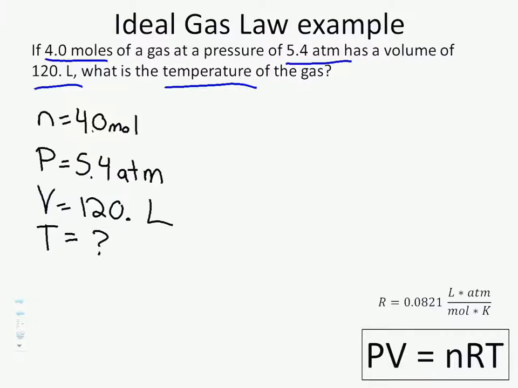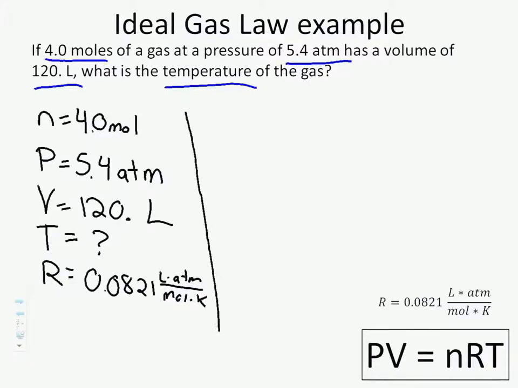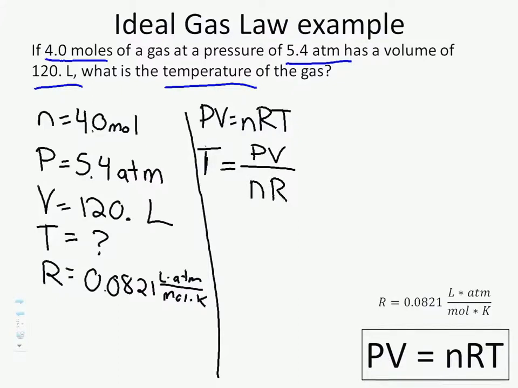Okay, what are we missing? We are missing R. R is 0.0821 liters times atmospheres per mole Kelvin. Okay, so those are all of our knowns and unknowns. Now we can come back up here and look at our equation, PV equals nRT, and we're solving for T. So let me move nR to the other side: PV over nR.